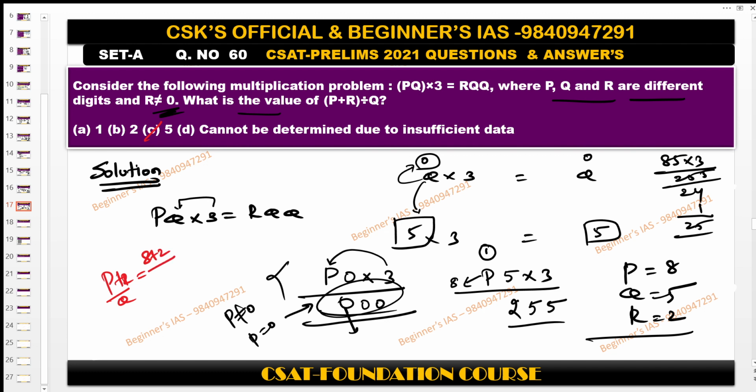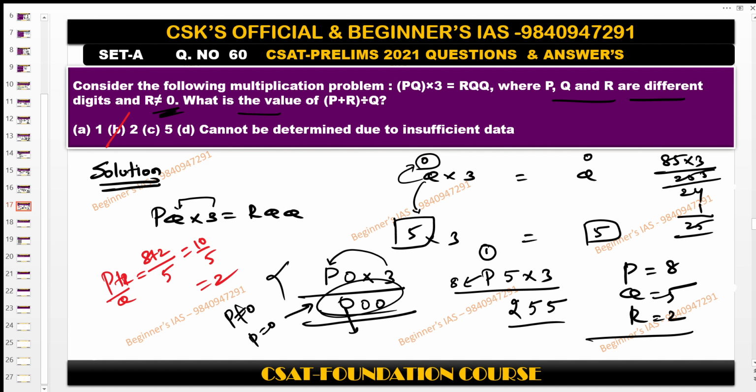P is equal to 8, Q is equal to 5, R is equal to 2. So here 10 by 5, which is equal to 2. Sorry, yes, correct. But I applied it wrongly here. Fine. Anybody having a doubt here?